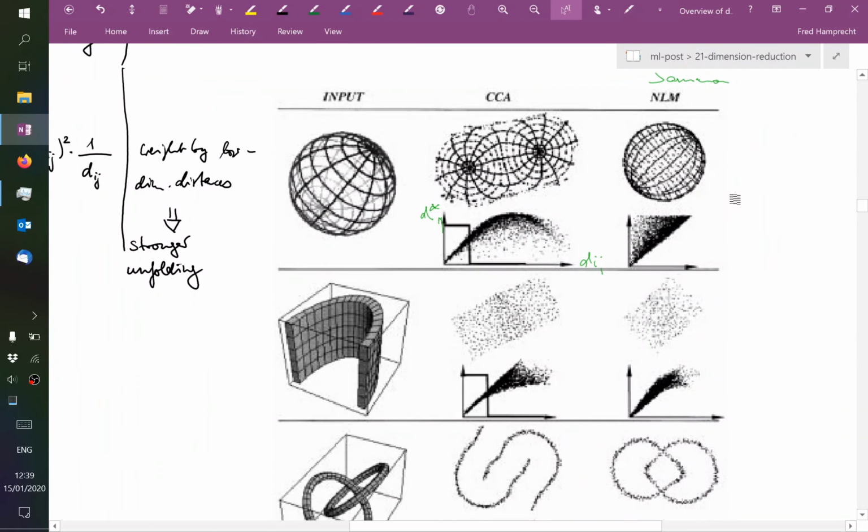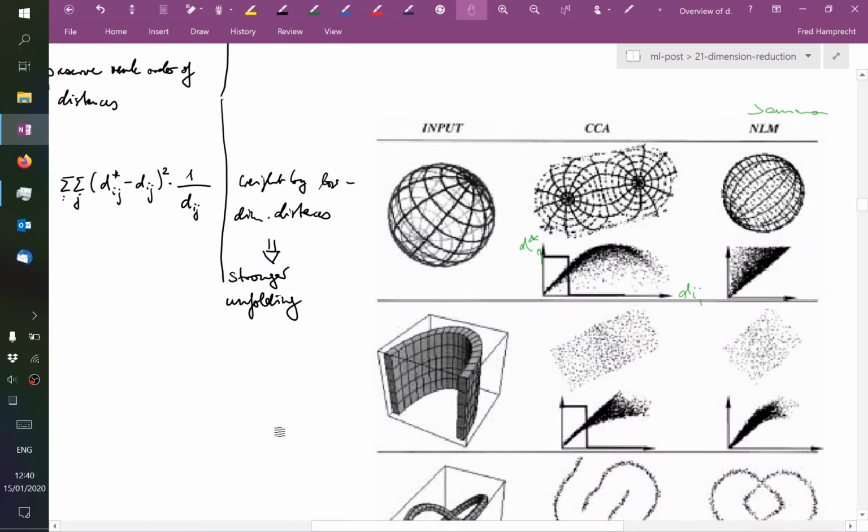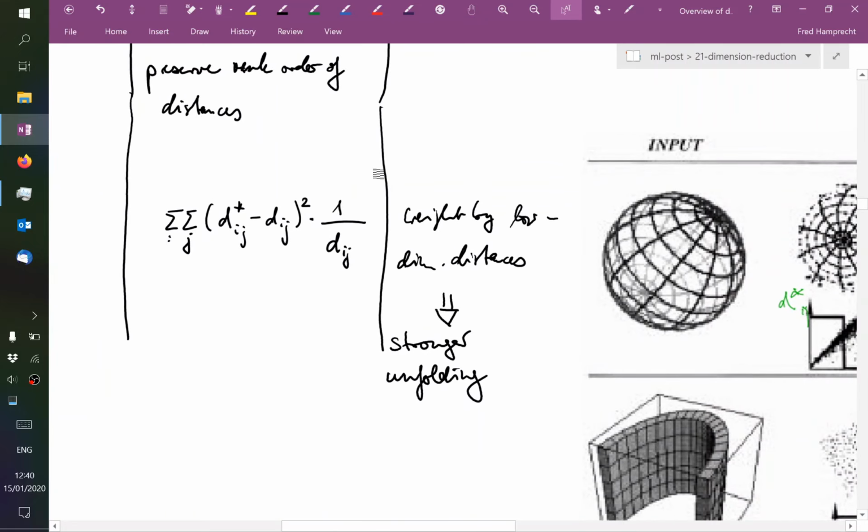Demartines also introduces these interesting plots here of the distances. So for each observation, you can plot what's the distance in the high-dimensional space and what's the distance in the low-dimensional space. So we have d star along the one axis and d along the other axis. And you also see this small box indicated. And that is the weight function that he uses. So he doesn't use the distance itself, but he uses some weight function, which depends on the distances.